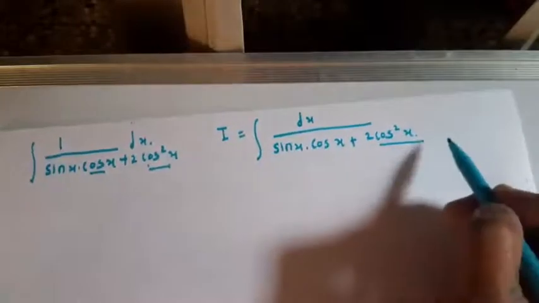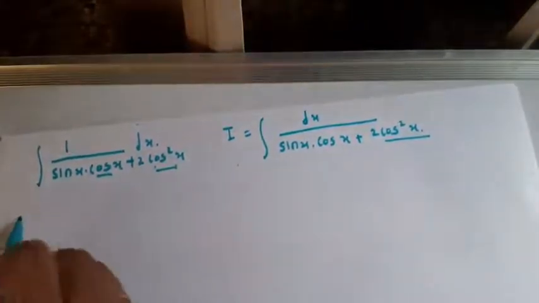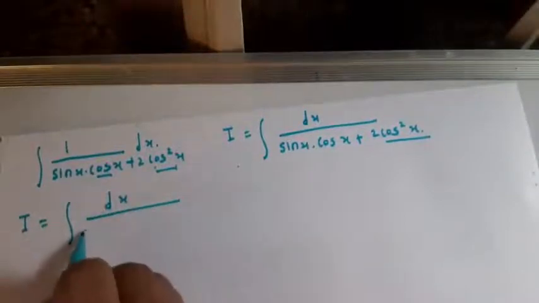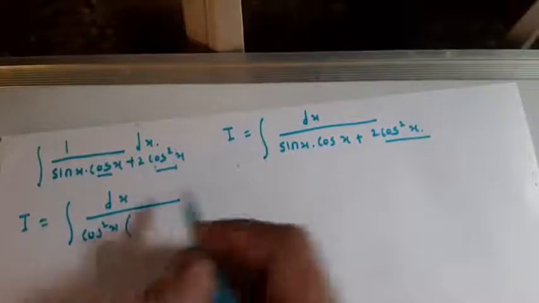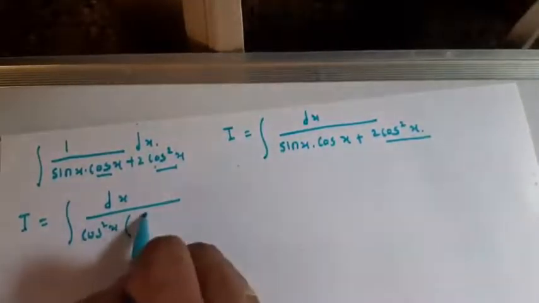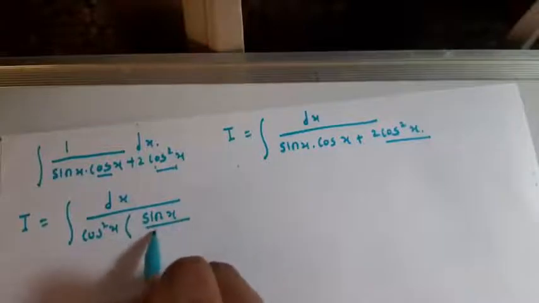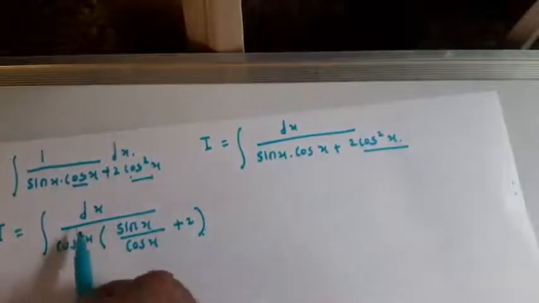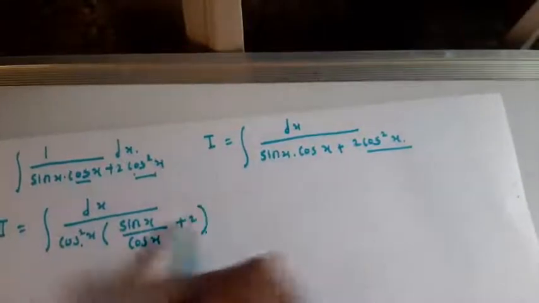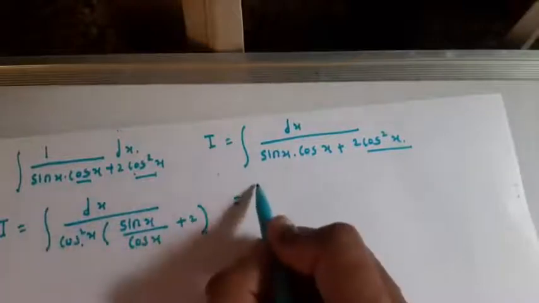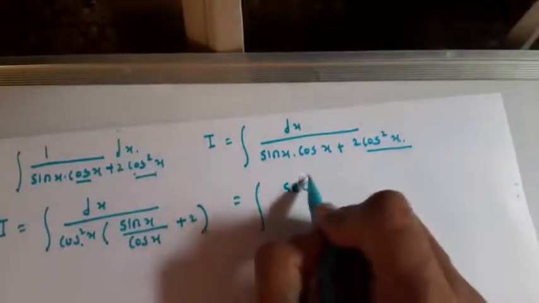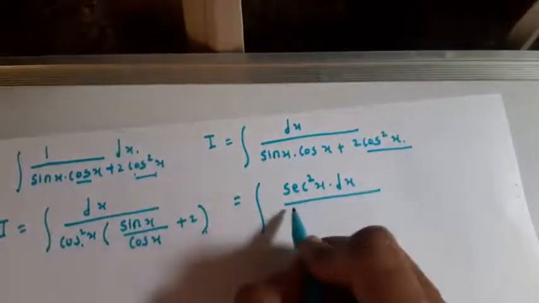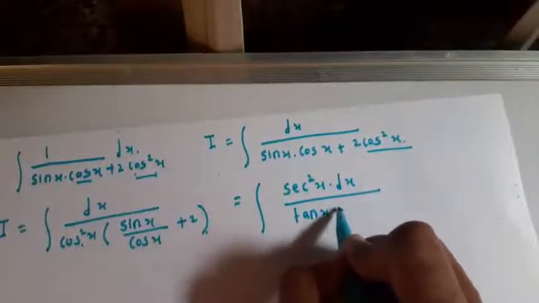So common out cos square x from both the terms at the denominator, we will get I equal to dx upon cos square x times (sin x upon cos x plus 2). Now dx upon cos square x is sec square x dx, and sin x upon cos x is tan x, plus 2.